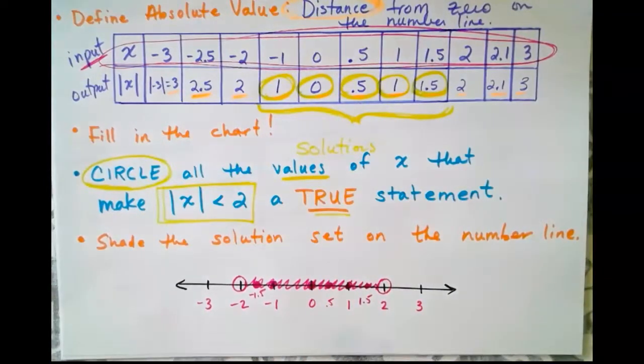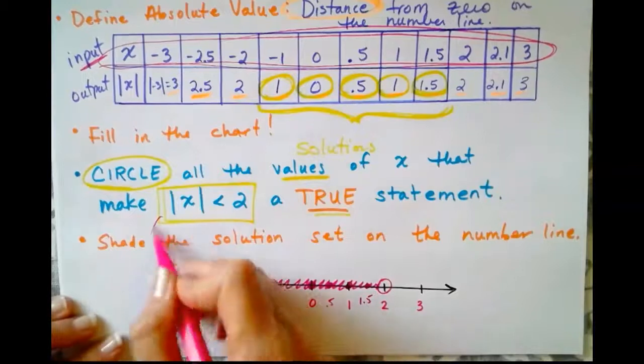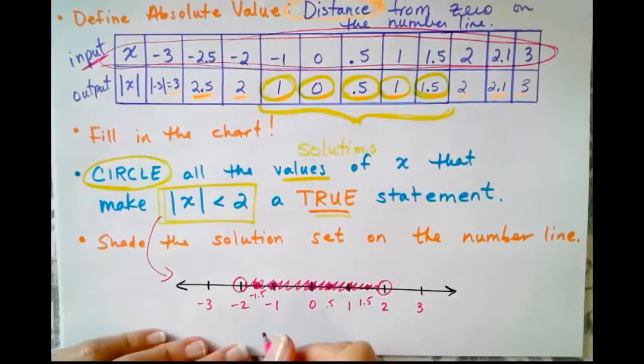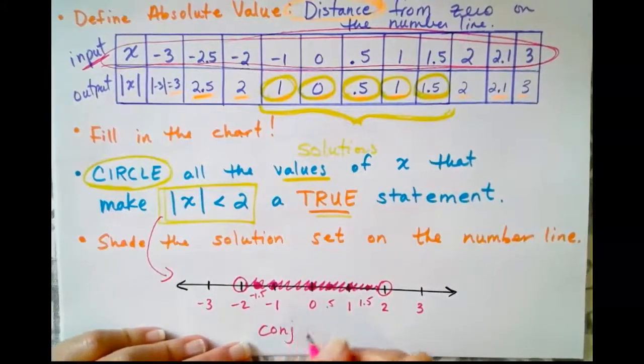So this is the solution set that represents this particular information, and it represents this inequality. Now, based on what we learned in the previous section, this is a conjunction.